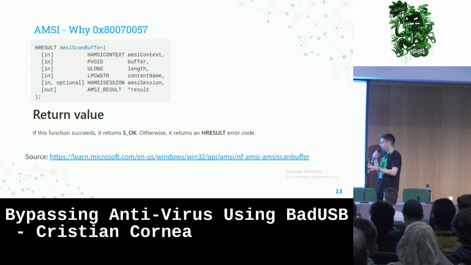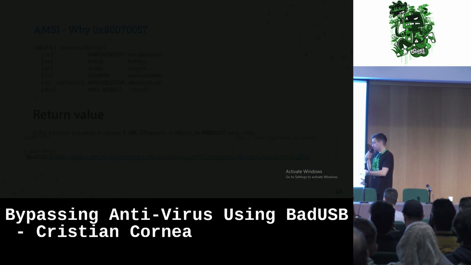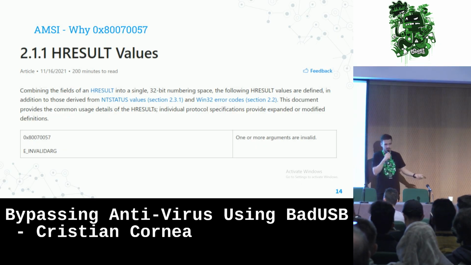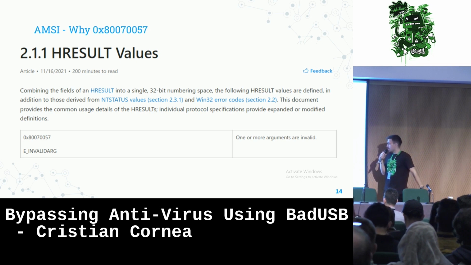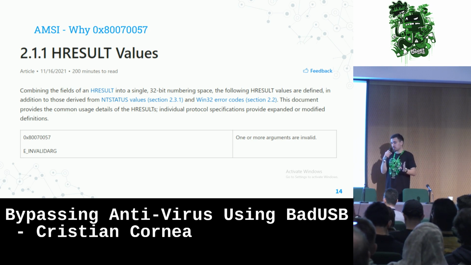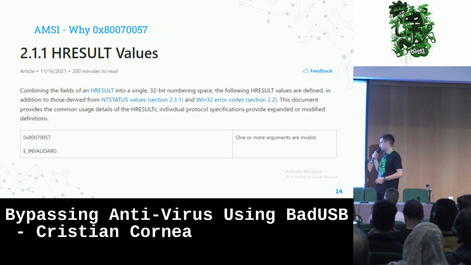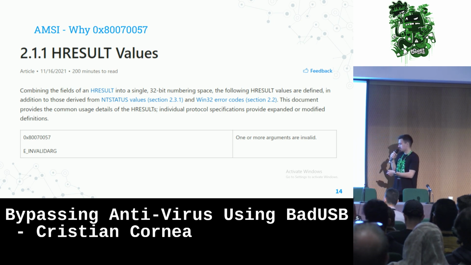So our mission here is to make AmsiScanBuffer return an HRESULT every time it runs. The HRESULT will be this value. Why this value? If we look at the HRESULT values within Microsoft official documentation, we can take anything from there, any value from the table of HRESULT values. I took here the first value, which says one or more arguments are invalid.